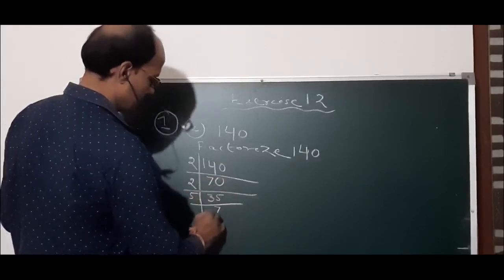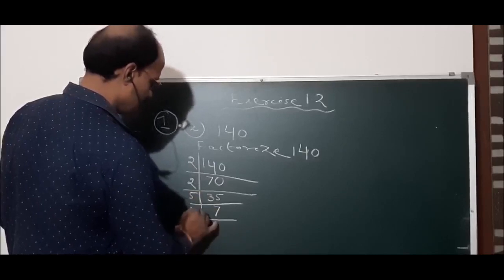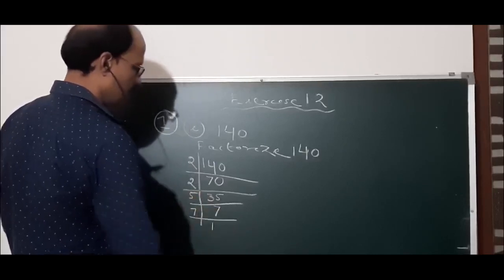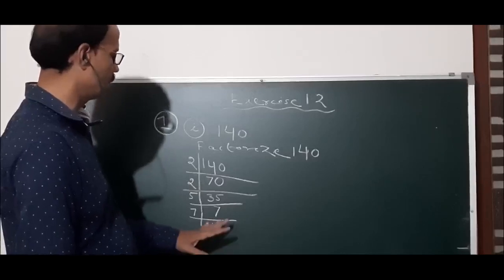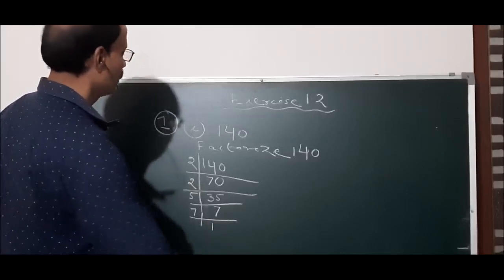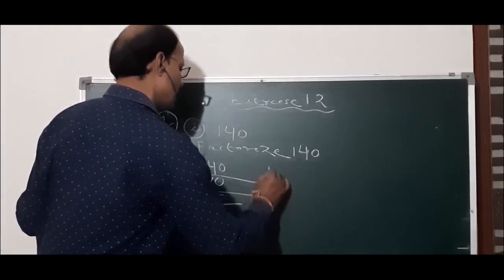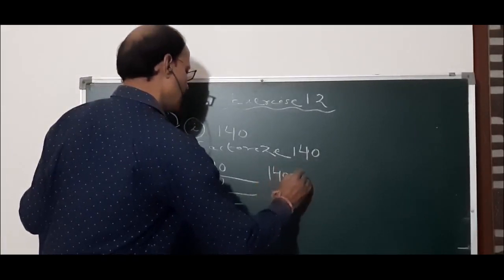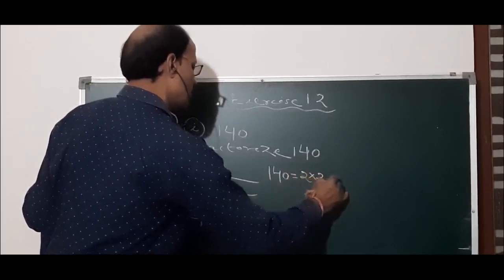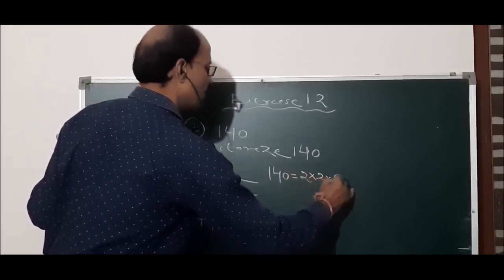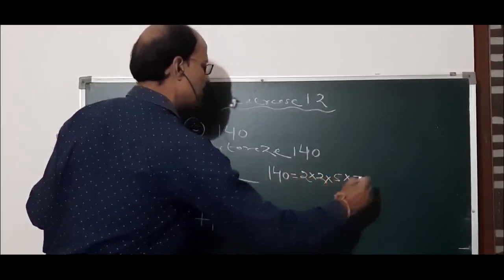Then 5 7s are 35, and 7 1s are 7. So now 1 comes, so now we have to stop. So how to write? 140 equals 2 multiply 2 multiply 5 multiply 7.